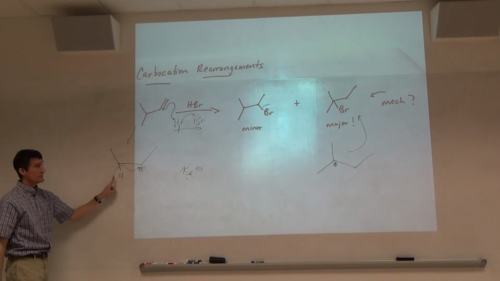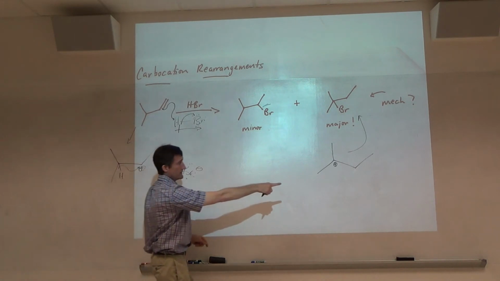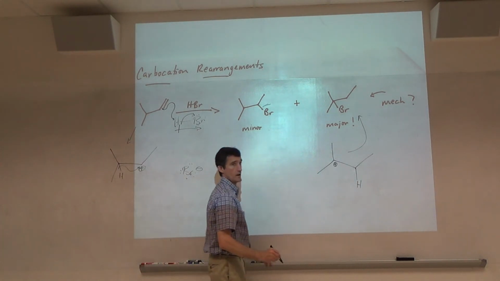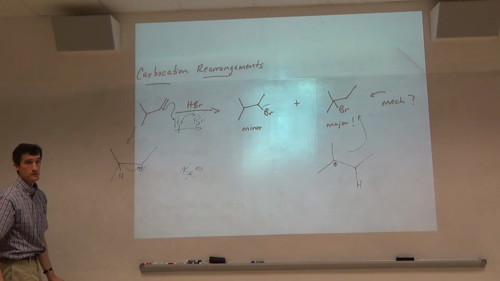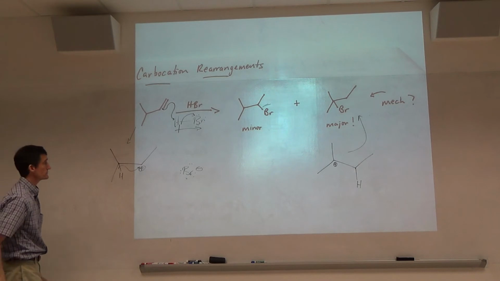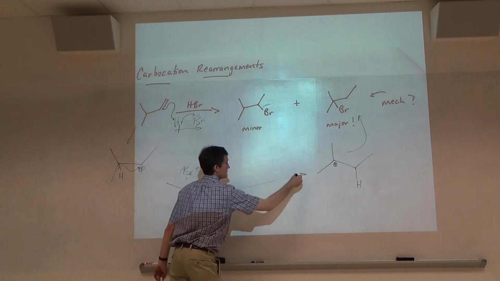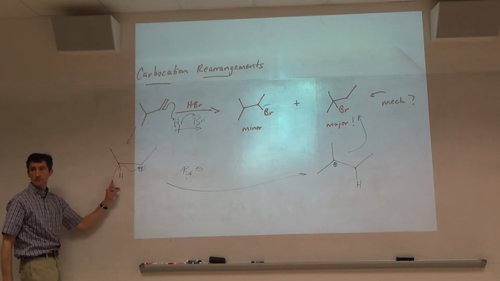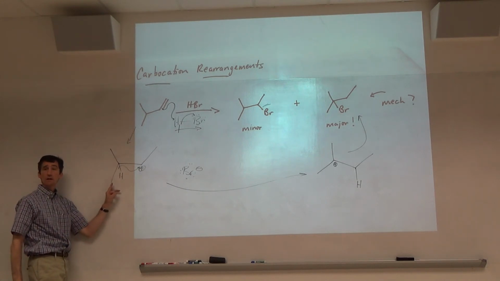What does this arrow movement give? It gives this. What moved over? Obviously the H, but what do we call that H?